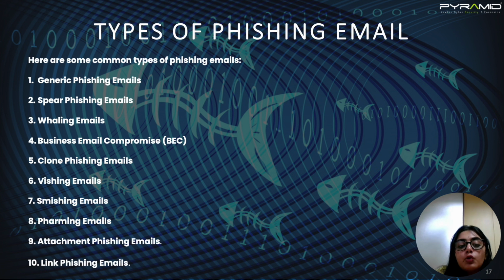When recipients open these attachments, malware is executed on their devices. Last, we have link phishing emails. These contain links to fake websites that closely resemble legitimate ones. Victims are encouraged to click on these links, leading them to fake login pages where they are prompted to enter their credentials.